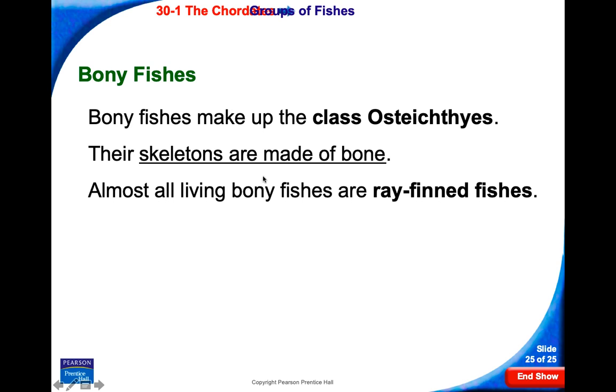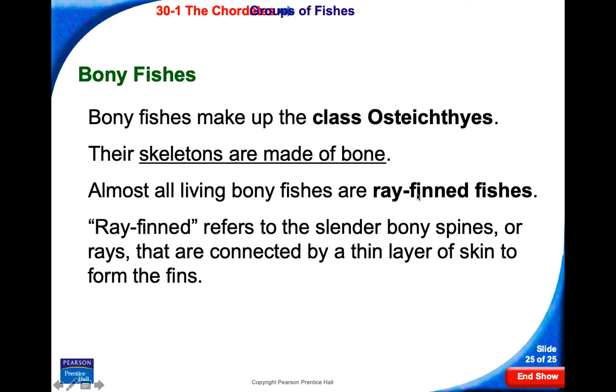There are only about 5 or 6, maybe even 7 species in the world that are not ray-finned fish. They're called lobe-finned fish, and they're like a subclass, but their fins look very different. They look kind of bulbous, but the majority are ray-finned fish.